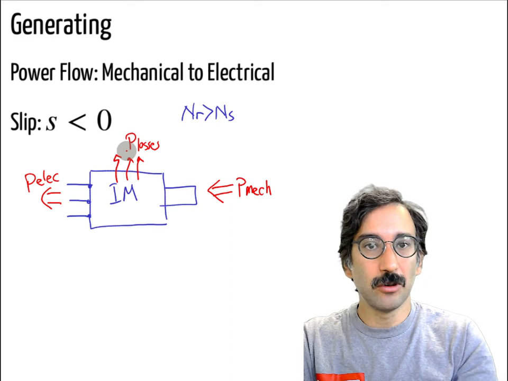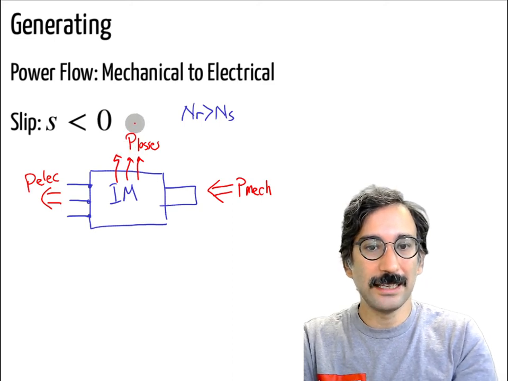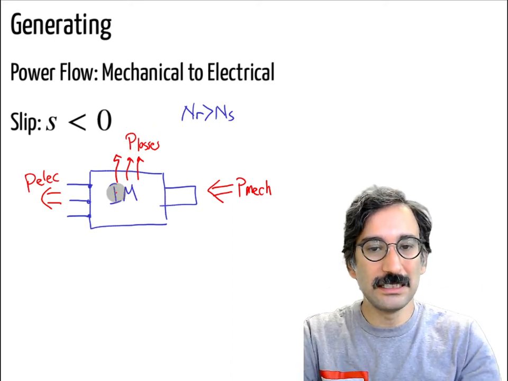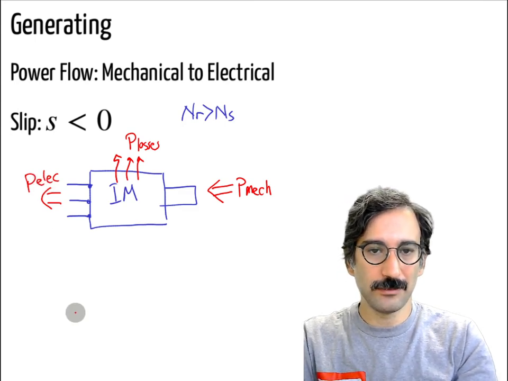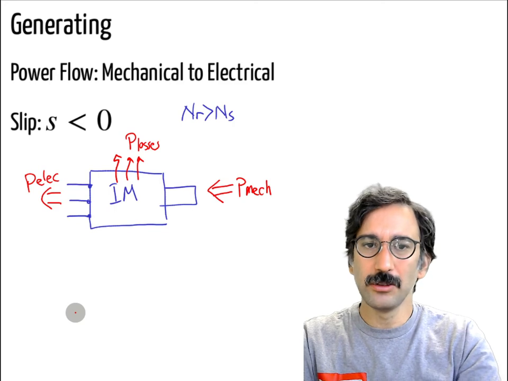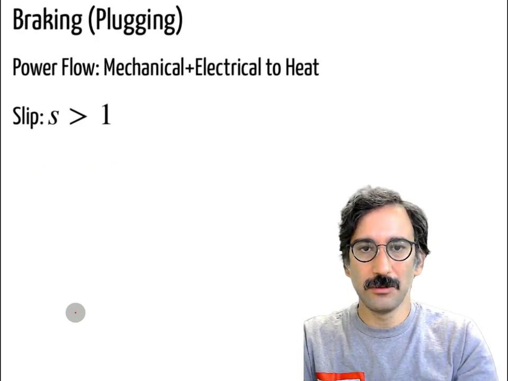You still have losses. These losses are not adding up, so it's still dissipating. So you have some electric losses. Okay, so be careful about those energy flow directions.